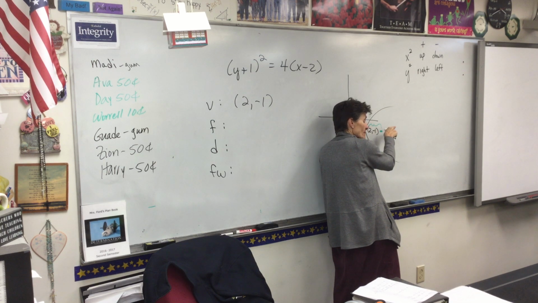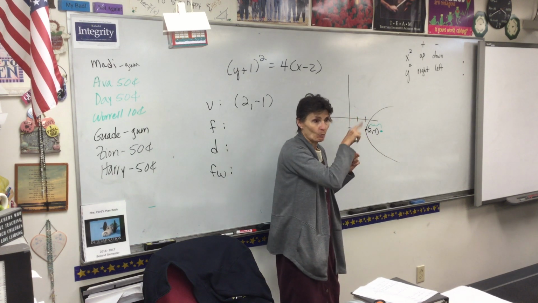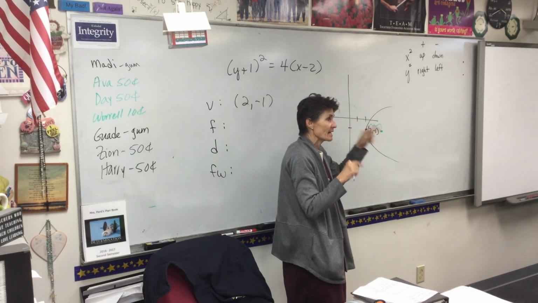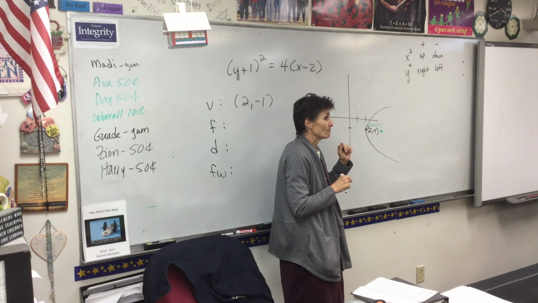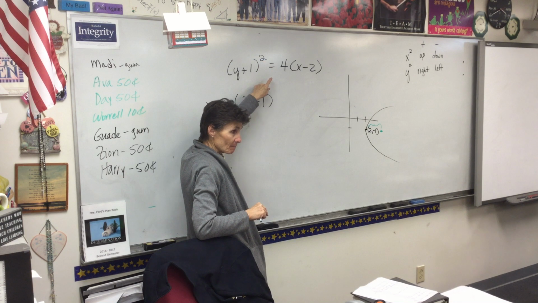I can figure out that green point if I know how far to walk. How do I find out how many steps to take?